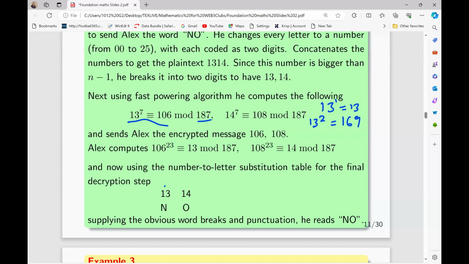So what about 13 raised to 4? 13 raised to 4 is the same as just squaring this line. Because when you square this line here, you get 13 raised to 4. And this other one is 169 squared.